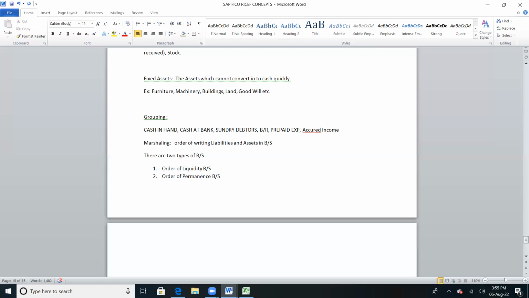Whereas on the liability side, the most urgent payment will be written first. That is bank overdraft.